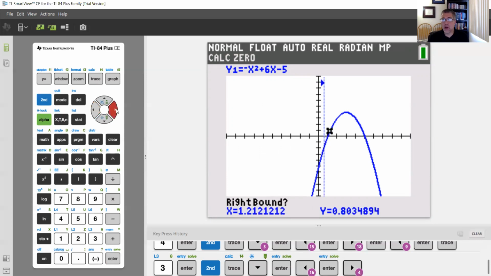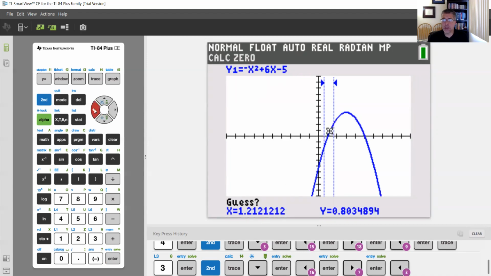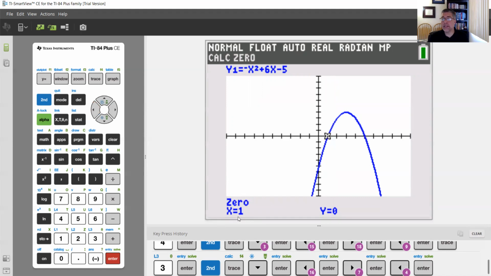Then I'm going to scroll to the right of it and hit enter. And then I'm going to guess where I think this crosses the x-axis, and click enter. And it says, look, my 0 was at 1, 0. So one of the zeros was 1. So this crosses the x-axis at 1, 0.